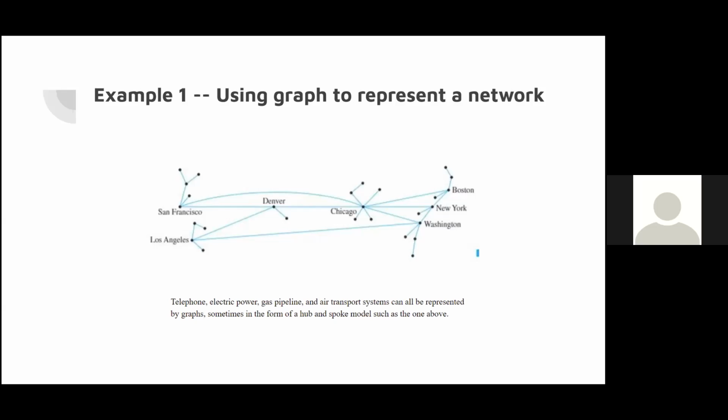So when designing such a system, a lot of questions can arise, such as choosing what specific edges connect to what specific vertices to minimize costs or shorten travel distance, or even optimize a certain type of product or service. One type of graph that can be used to represent these connections is the hub and spoke model, which is what you see above, that connects the different cities in the US.